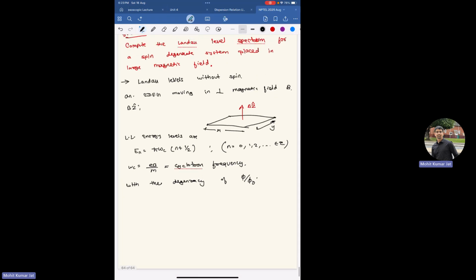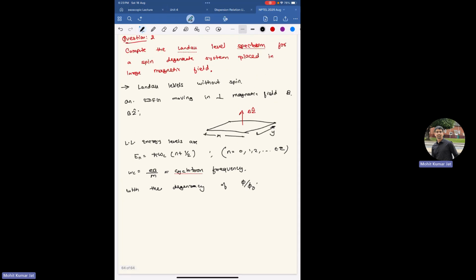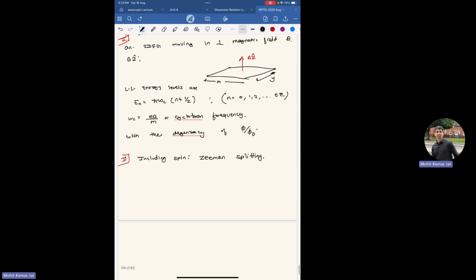Now we are including spins. So let me divide this into parts. This is the first part. Now I will go to the second part, where I will include the spins. We know that whenever spins are there in the presence of a magnetic field, there is this Zeeman splitting, right?